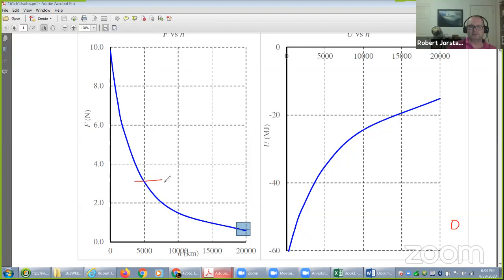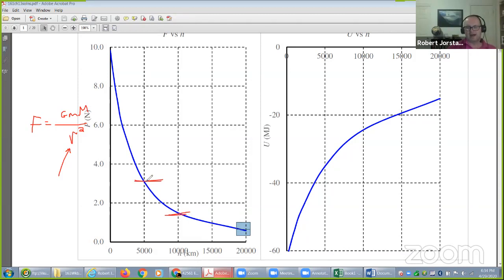Remember that altitude is not the same thing as radius. So when I double my altitude, I don't expect 1/4 of the force. What I was thinking about was force is equal to GMm over R squared. If you double the radius, you expect the force to go down by a factor of 4. But that's not the same thing as doubling the altitude.